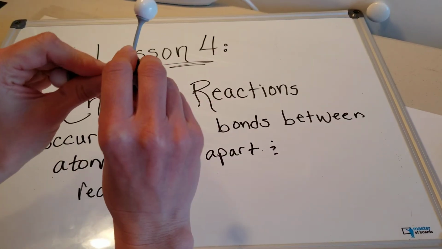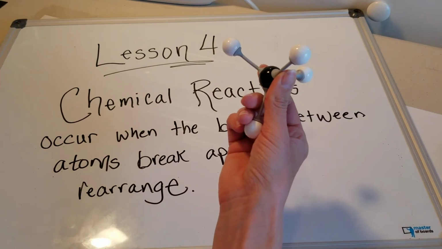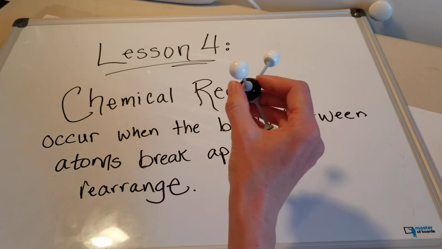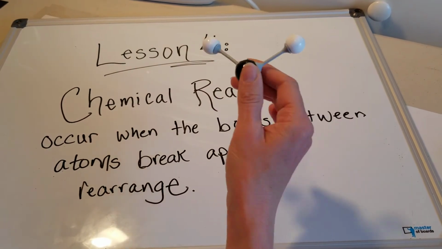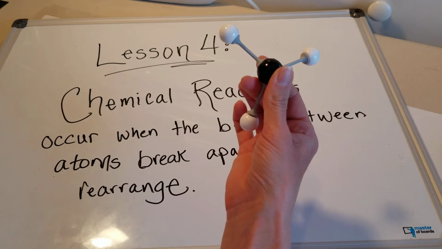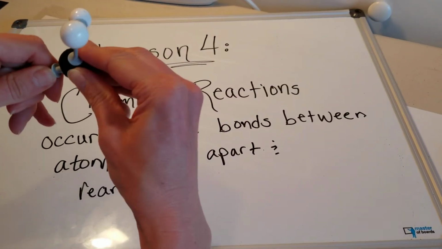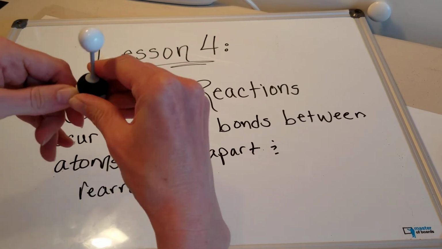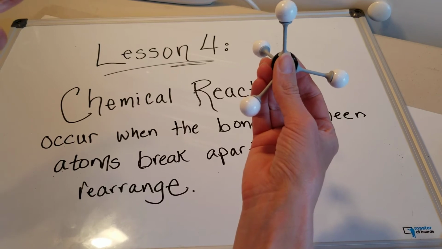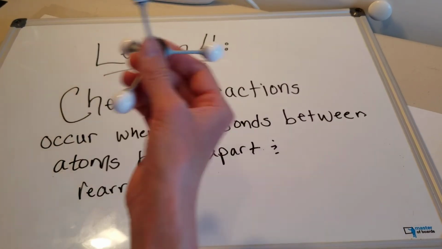So we started with our 4 hydrogen bonded to the carbon, and we end with a missing bond and 3 hydrogen attached to the carbon instead. So that's kind of what the definition means: we're going to start with one thing, we're going to disconnect and wiggle those atoms around, and we're going to end up with something different than what we started with. Basic idea of a chemical reaction.